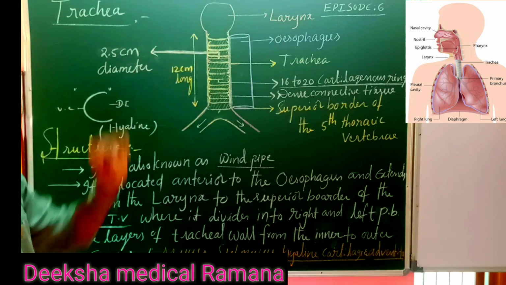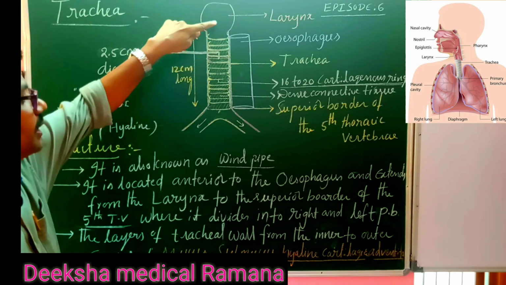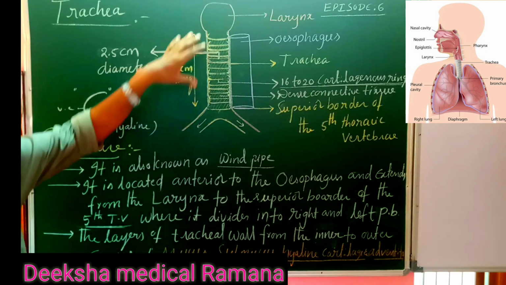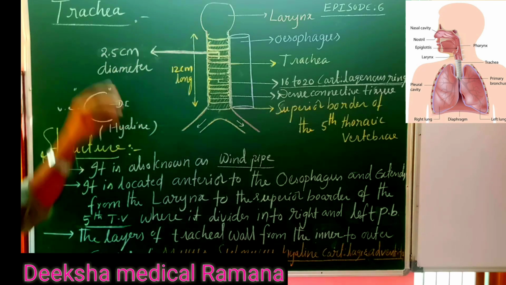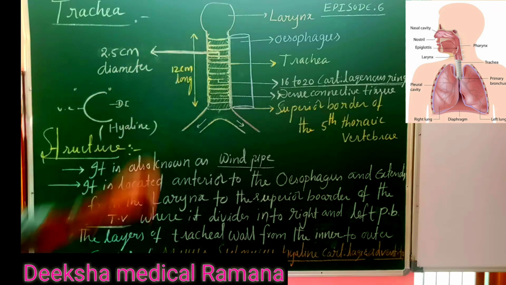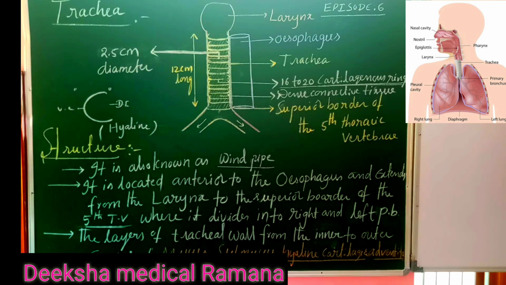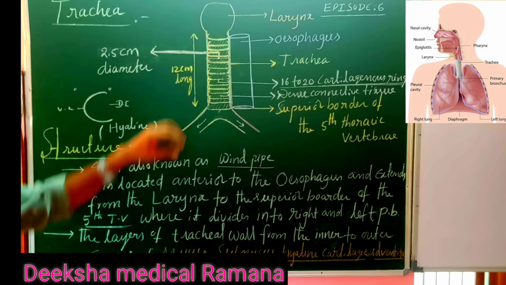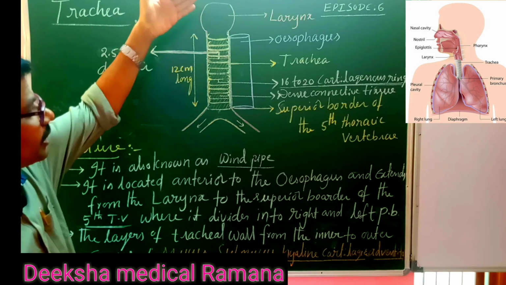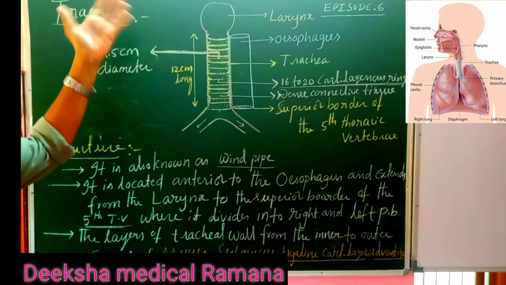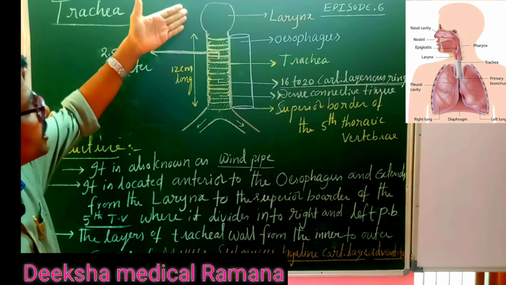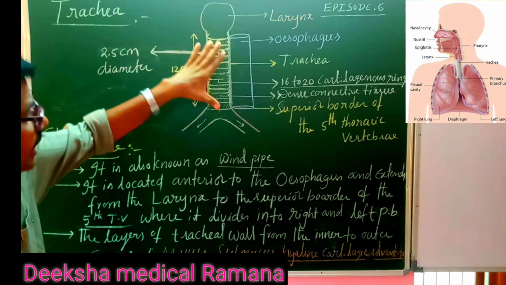The trachea is a long tube-like structure which extends from the larynx to the superior border of the fifth thoracic vertebra. Its length is about 12 centimeters and its diameter is 2.5 centimeters. It is also known as the windpipe because it allows air from the external environment into the lungs through the external nostrils, nasal cavity, internal nostrils, pharynx, larynx and trachea.